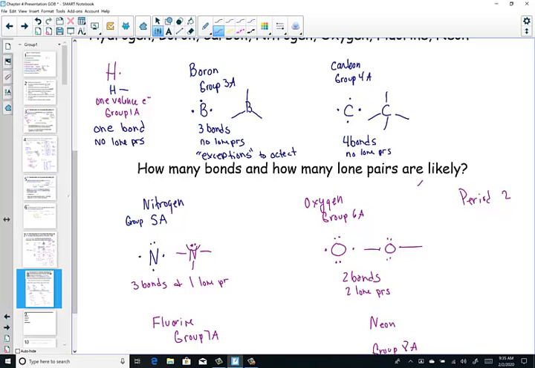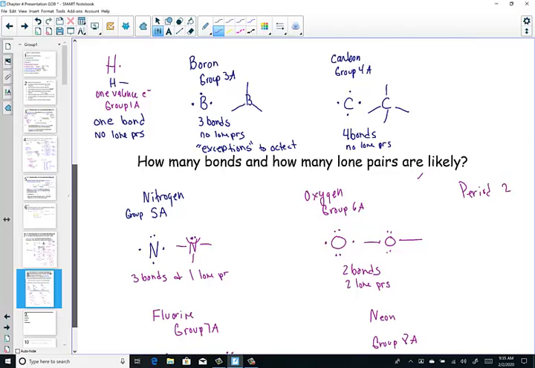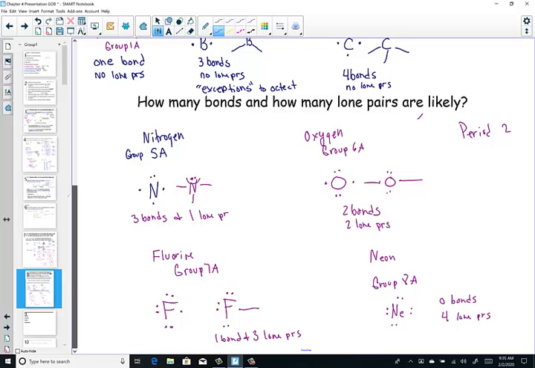Nitrogen with its 5 valence electrons, 3 bonds and 1 lone pair. Oxygen had 6 dots, 2 bonds and 2 lone pairs. The halogens have 7 dots, so that's 1 bond to 3 lone pairs, and those halogens all follow that same trend. And then of course the noble gases, no bonding and 8 dots.